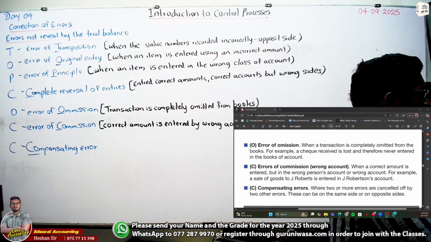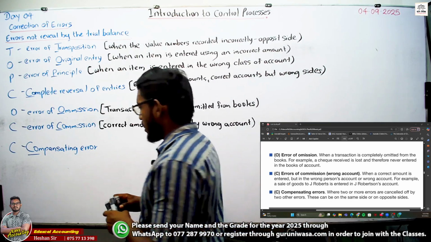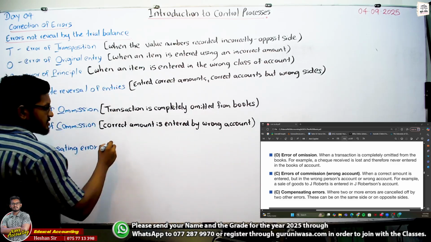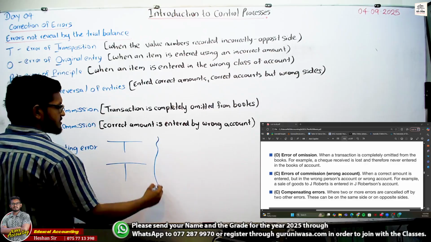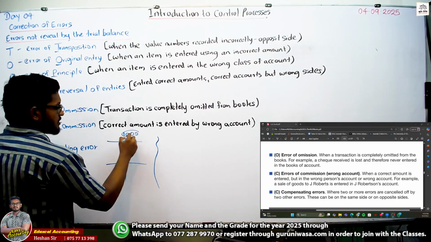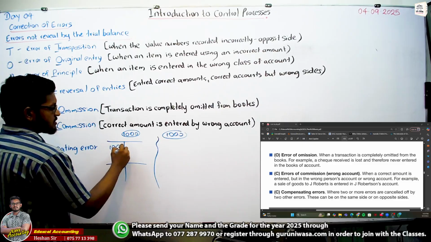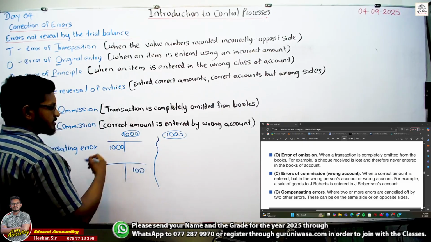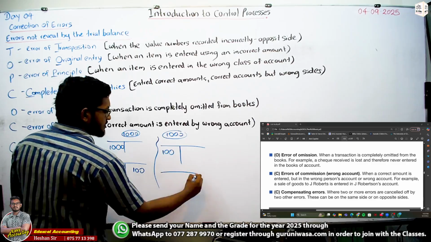I'll explain it like this. Think our transaction value is 1000. There are two entries of 1000. We recorded one account 1000 debit, 100 credit. In the other, 100 debit, 1000 credit.